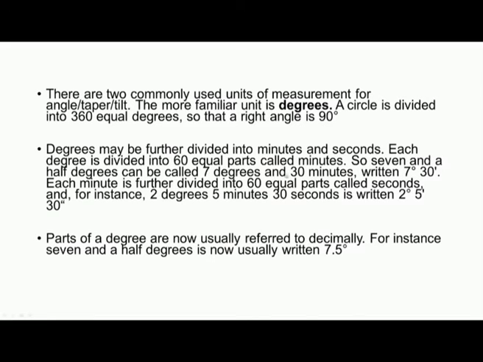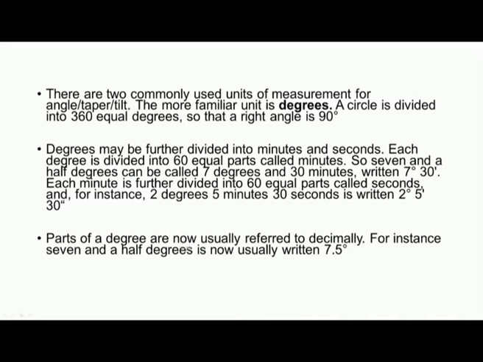So, 7½ degrees can be called 7 degrees 30 minutes, written as 7° 30'. Each minute is further divided into 60 equal parts, and each small part is called 1 second. So, for instance, 2 degrees 5 minutes and 30 seconds is written as shown here.